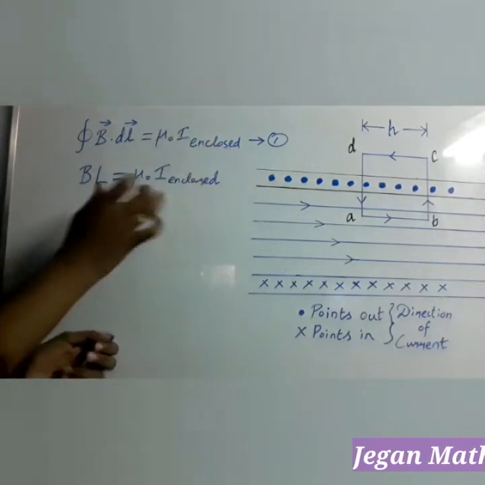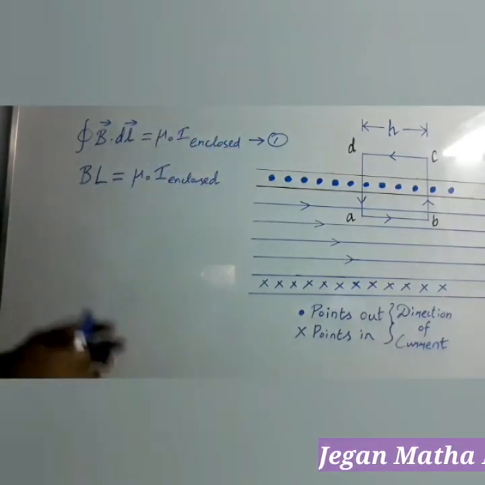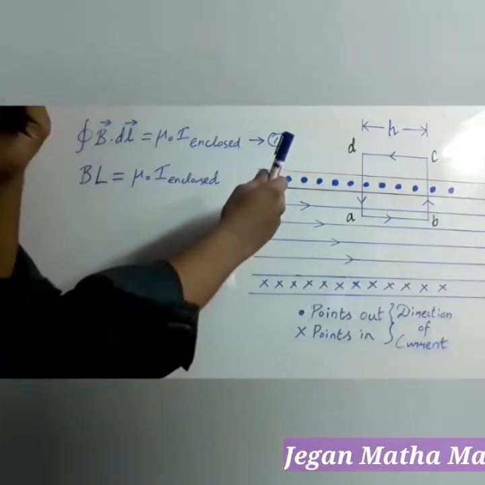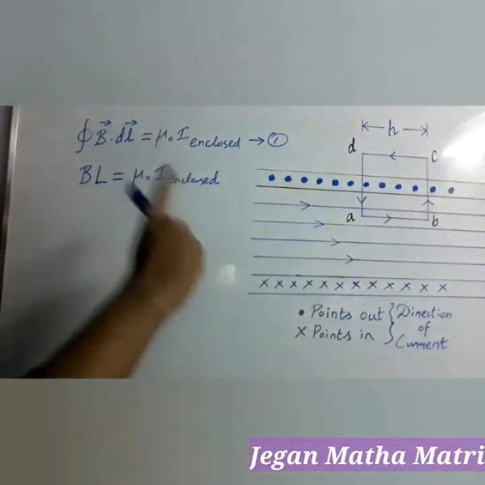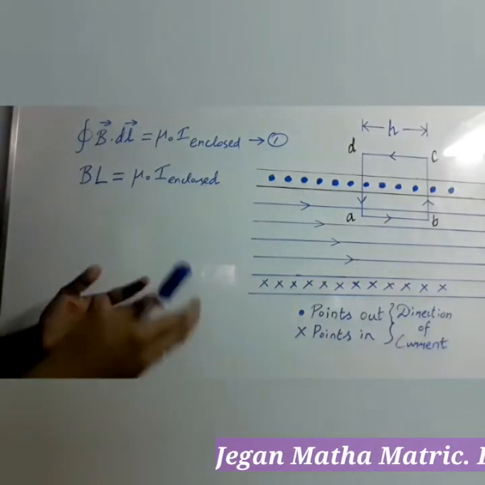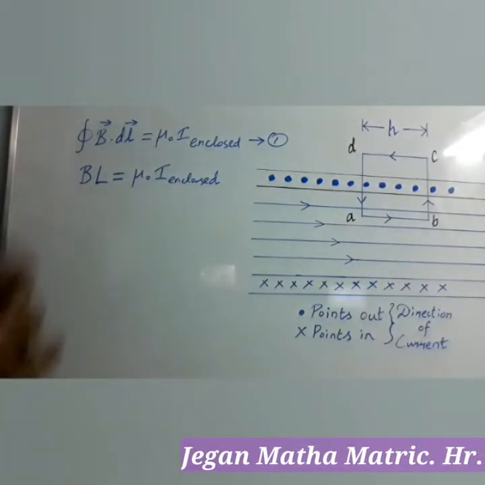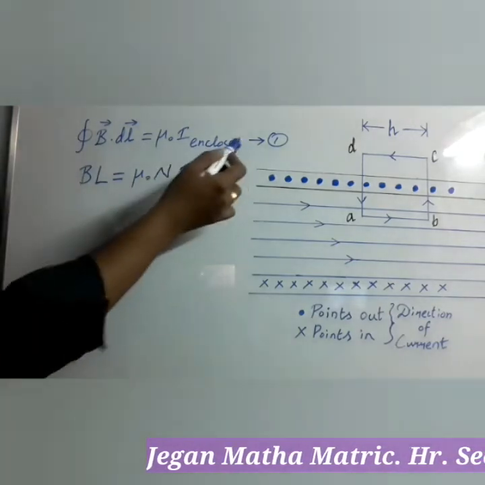And we are going to take the right side, that is mu naught times the enclosed current. Here the enclosed current is nothing but the net current linked with the closed loop. Here we have taken the entire solenoid as a closed loop. So how can I get that enclosed current? The number of turns needs to be multiplied with current.